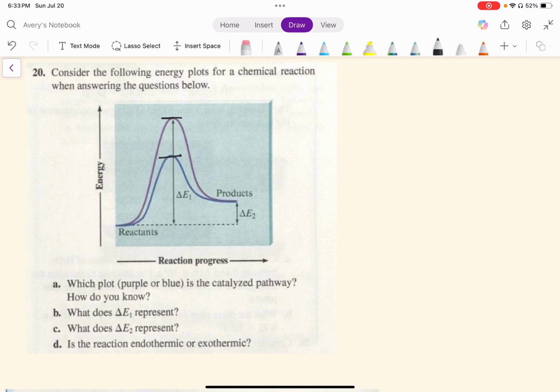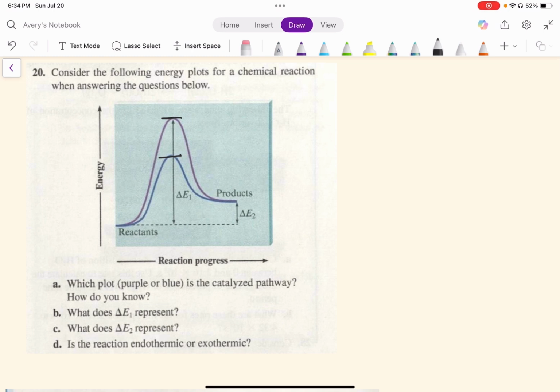By lowering the amount of energy required for the activation of the reaction, that's how we know which one is the catalyzed pathway. The one with less energy is going to be our catalyzed pathway, and the one with more energy is going to be our uncatalyzed pathway.